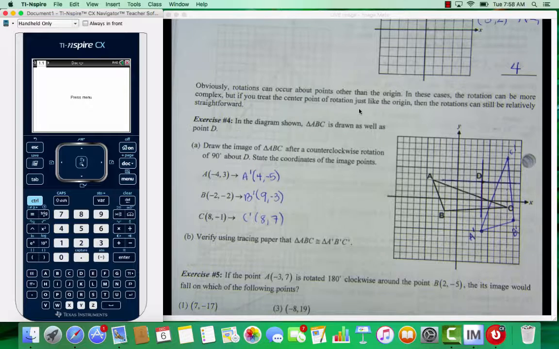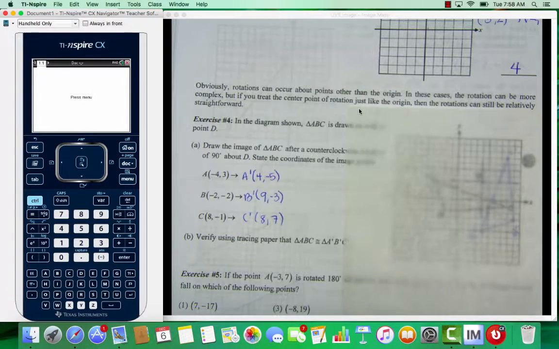Okay, and then it says verify using tracing paper that ABC is congruent to A prime, B prime, C prime. And so basically what you want to do here is just verify that they are the same shape and the same size. And you don't have to do this, but I'll grab some tracing paper quickly.